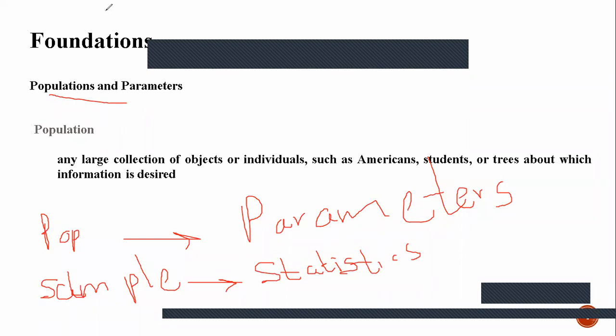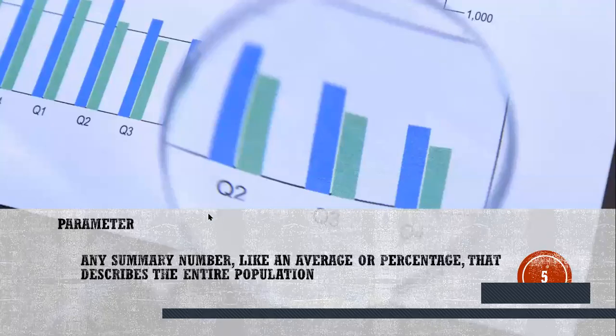The entire collection of objects, that is population. Parameter means any summary number like an average or percentage that describes the entire population. We call them parameters.